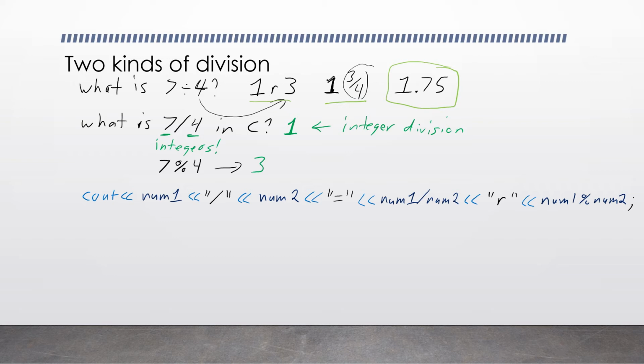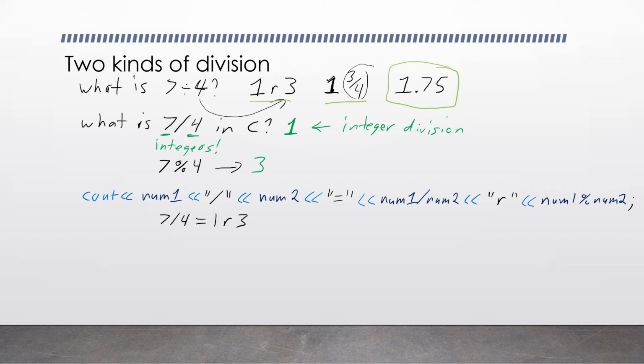Okay, and so that's a valid line of C++ code that if num1 was 7 and num2 was 4, it would print 7 divided by 4 equals 1 remainder 3.